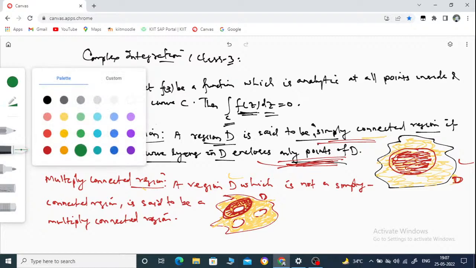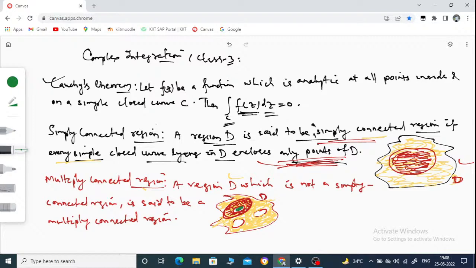So if a closed curve lying in D does not enclose only the points of D, that is why it is multiply connected. Similarly, if I take this type of curve, it includes points which are not lying in D. That is why this is not simply connected but multiply connected. This is the definition.